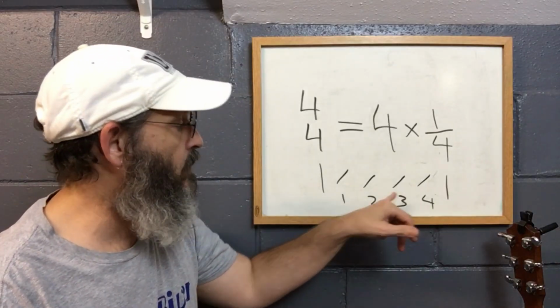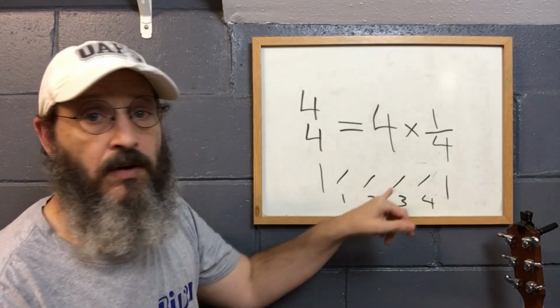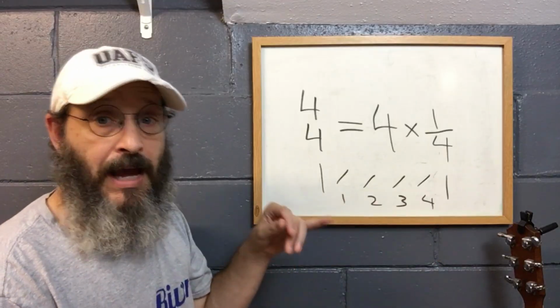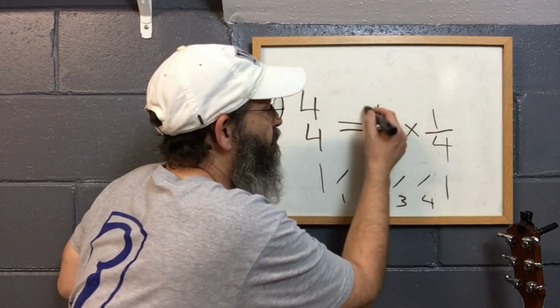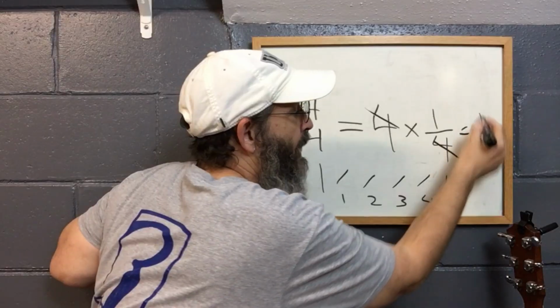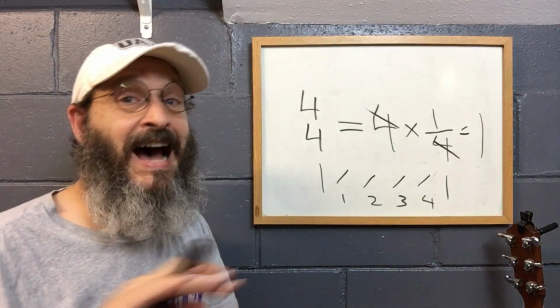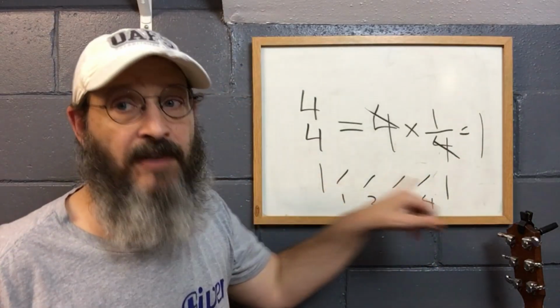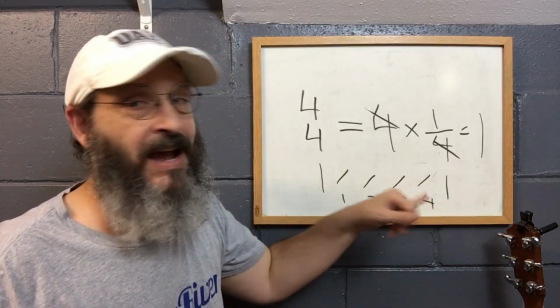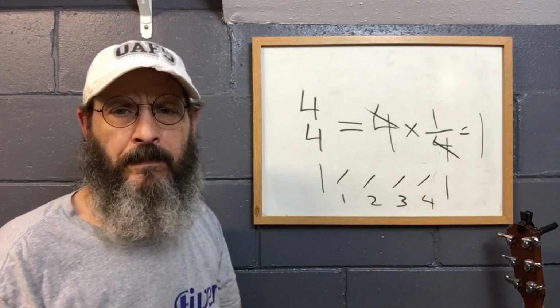Now, by the way, if we do reduce, we get a note value of 1, which takes up the entire measure of 4 counts. In other words, 1 note takes up those 4 counts, a whole note. It's kind of spooky, huh?